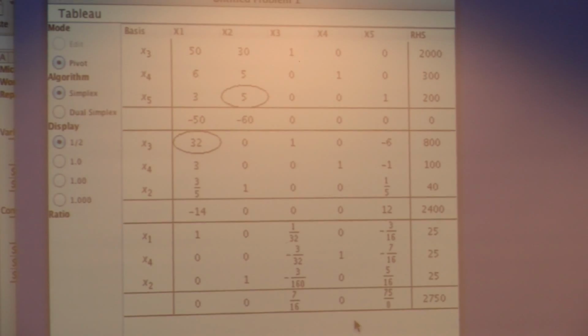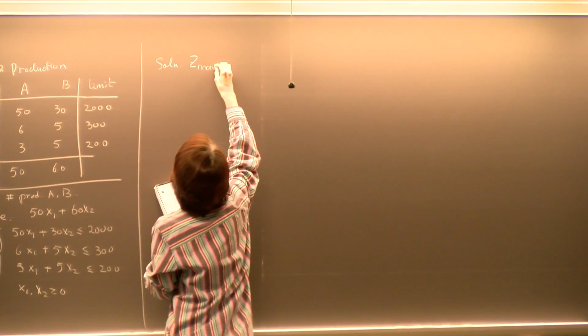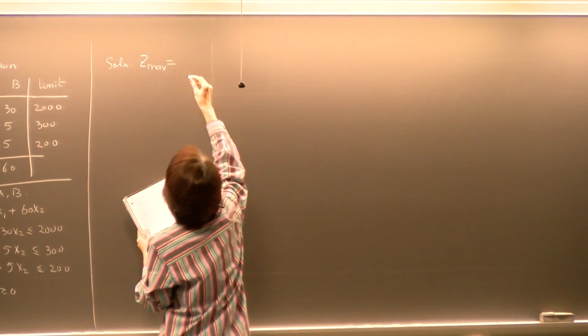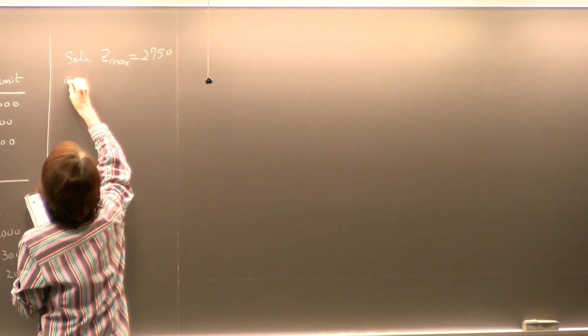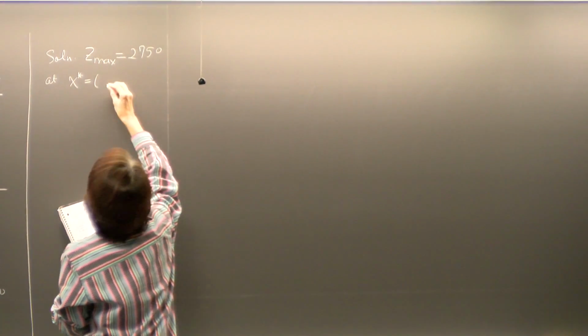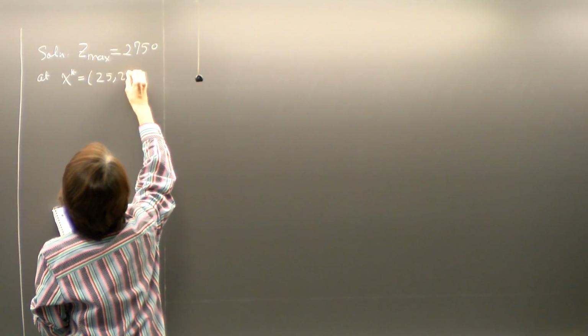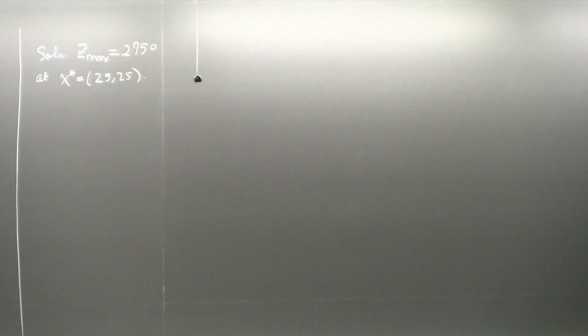We found the solution as the following. The z max, I take negative of negative, I get that number, 2750, attained at x star, the optimal, which was 25, 25. Okay, so we solved that problem.